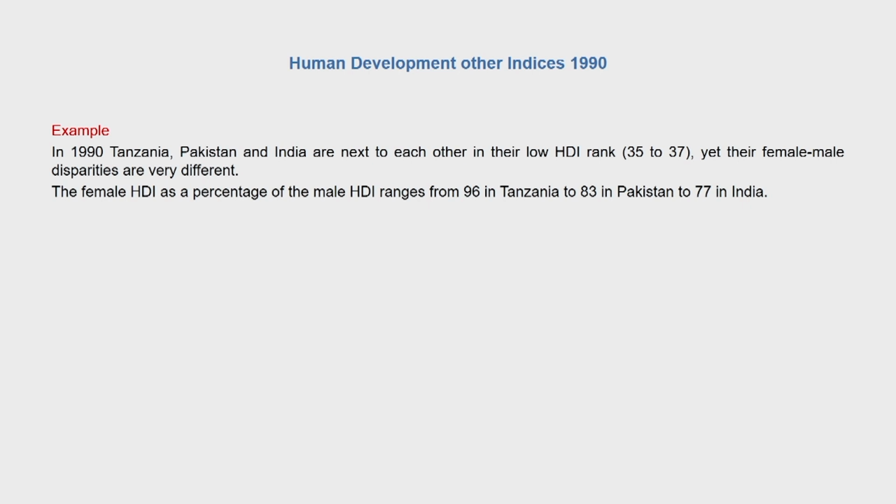So while India was ranked better in HDI than Tanzania and Pakistan, female HDI as a percentage of male HDI was much better in Tanzania and Pakistan than in India, and that could be attributed more to the indicators of life expectancy and adult literacy rates.